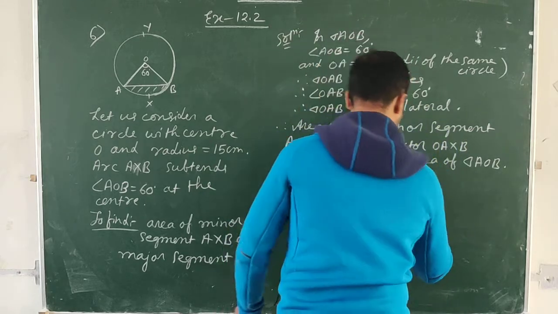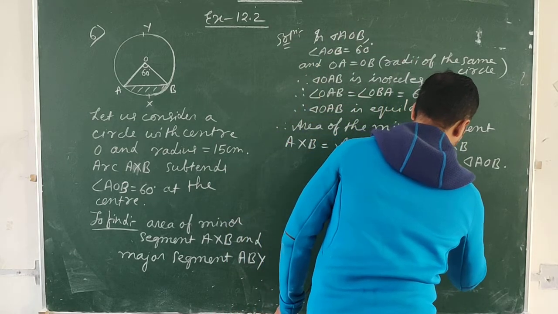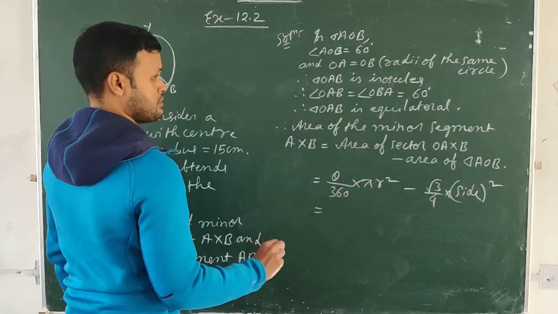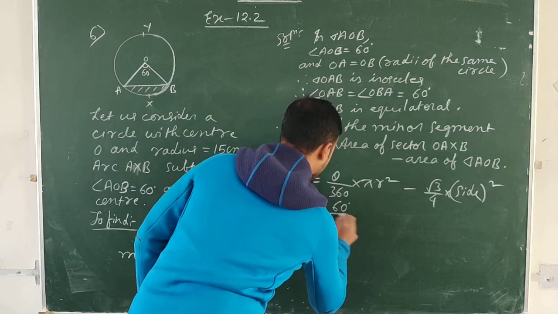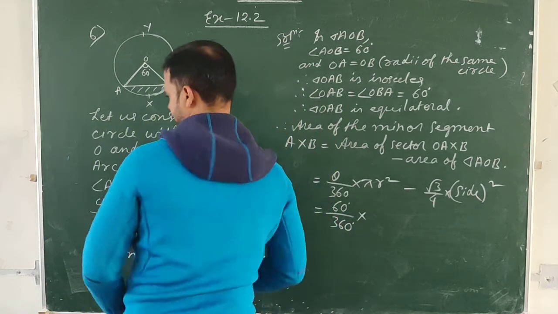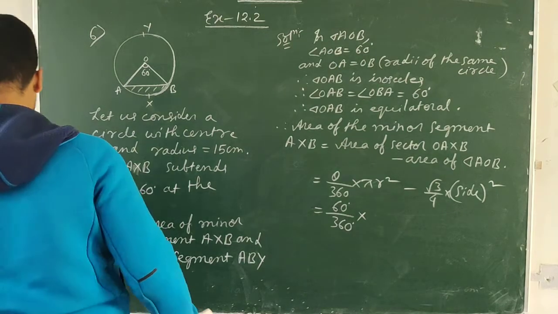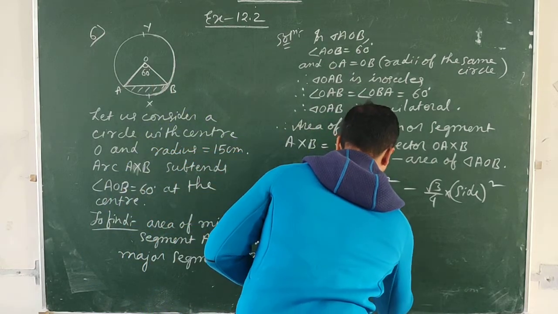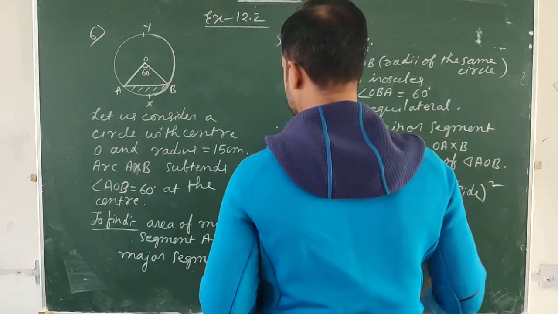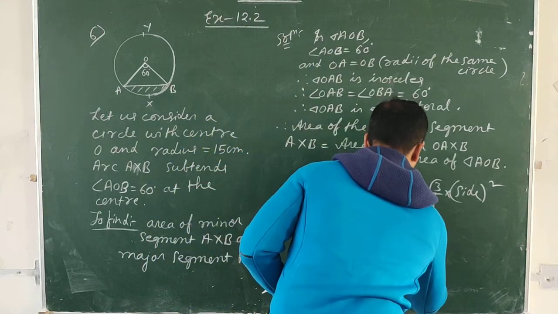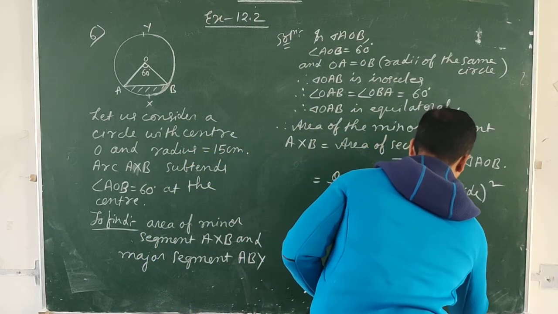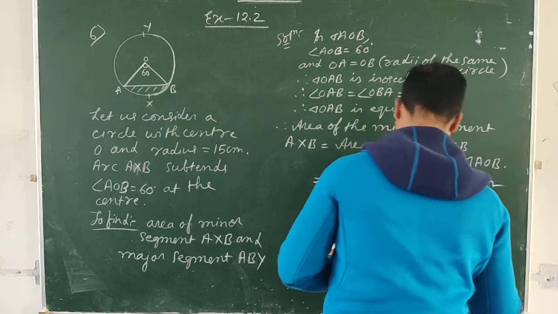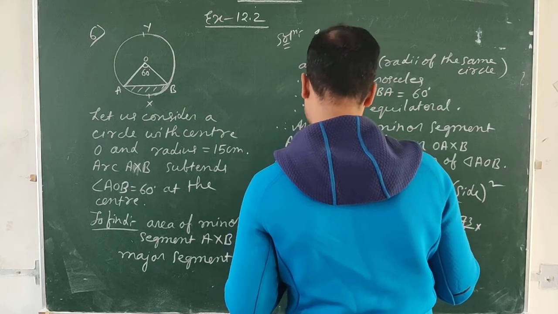Since AOB is an equilateral triangle, its area is root 3 by 4 into a square. Theta means 60 degree by 360 degree, pi is 3.14, and radius is how much? Radius is 15. So 15, and the value of root 3 is given as 1.73 by 4, and each side is 15.